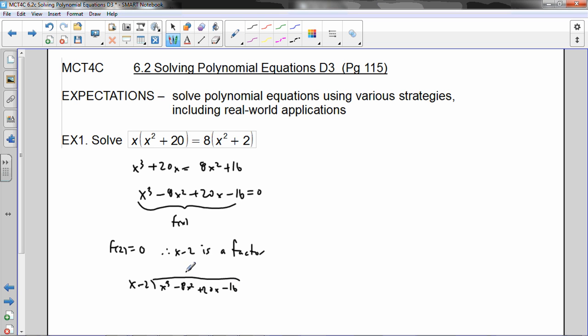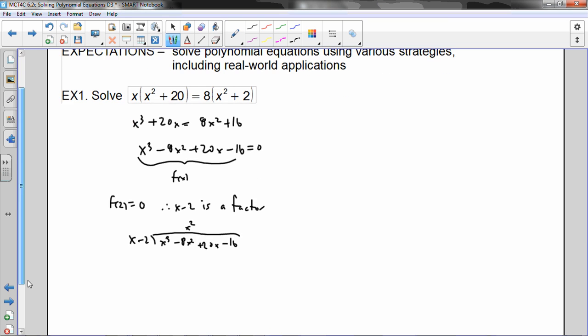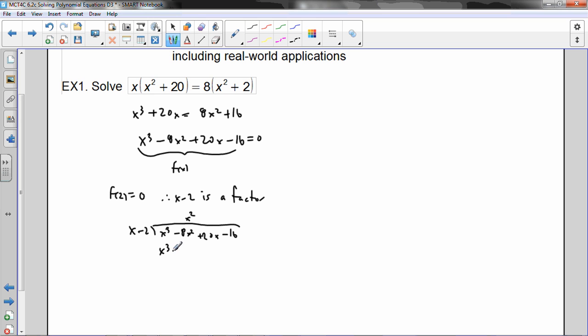Long division. Multiply by negative 6x, subtract. Same old now.